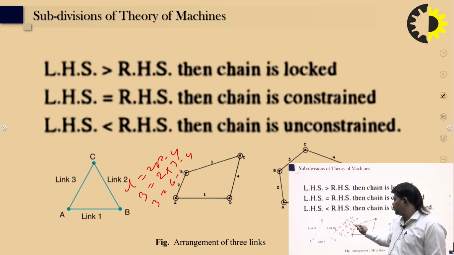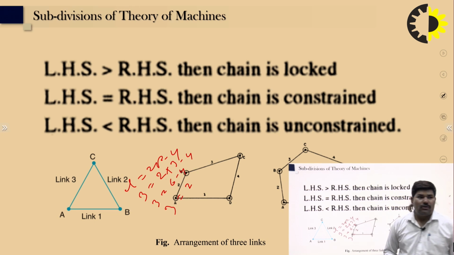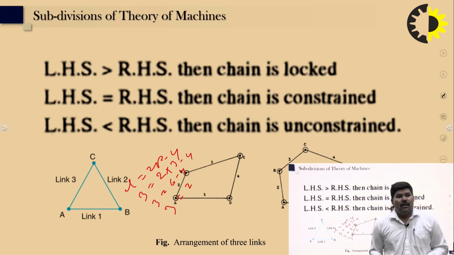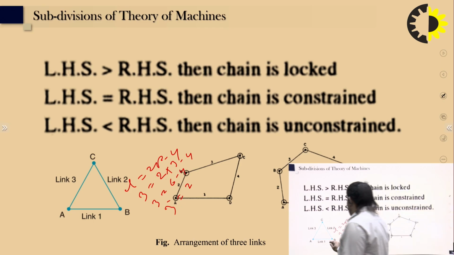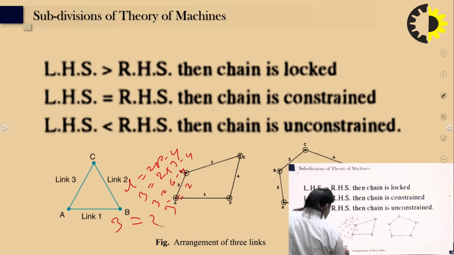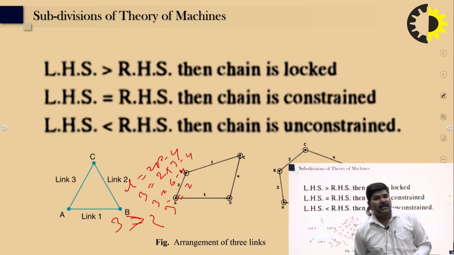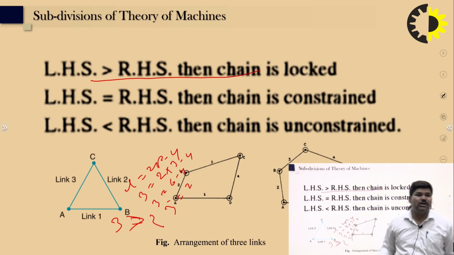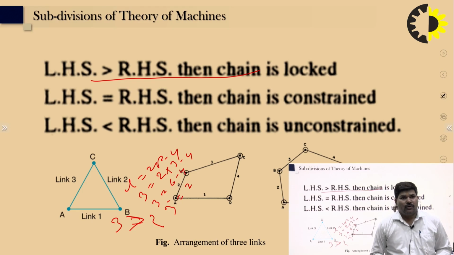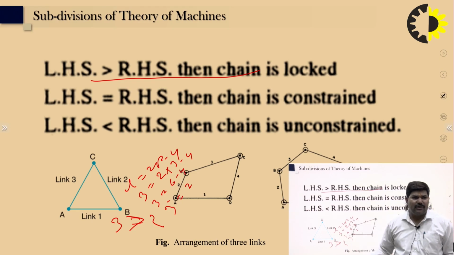So what does it mean? The left hand side is the maximum and the right hand side is lower. In that case the equation is not satisfied, so that is called a locked chain. So we can use this formula and find out.